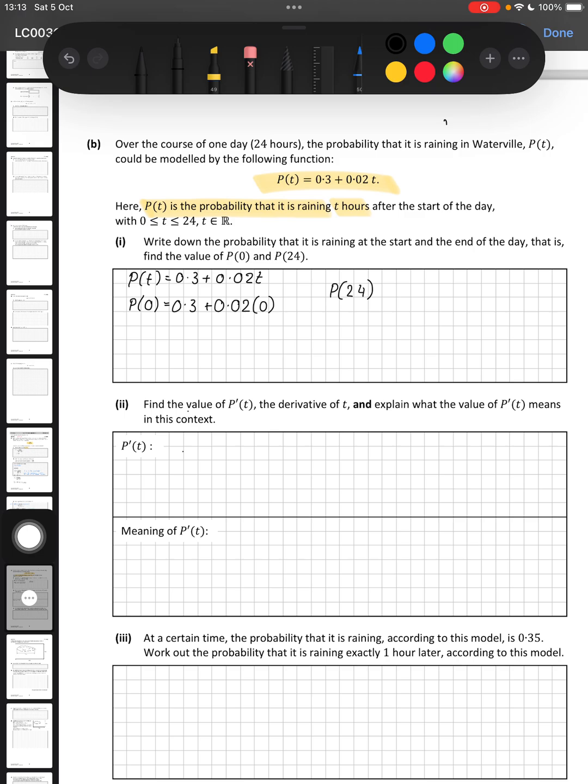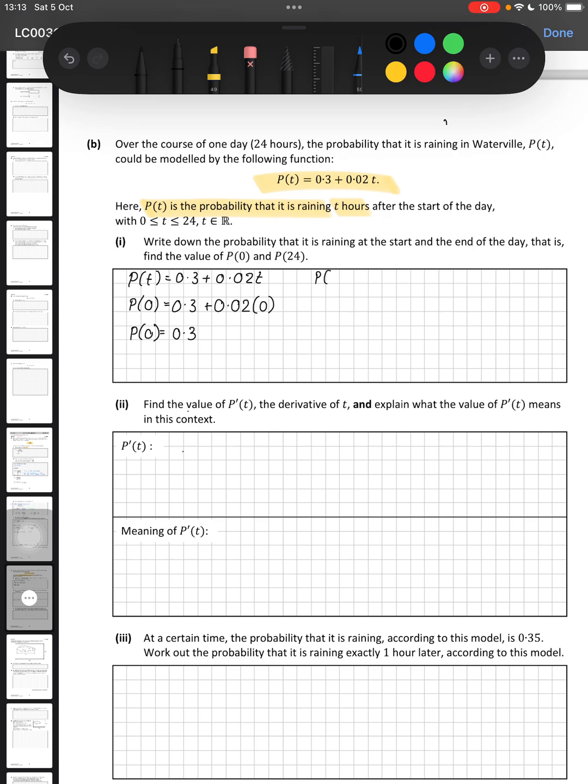I'm subbing it in brackets, and once I've gotten rid of all my variables, I can type the full thing into my calculator. P of 0 is 0.3. Then I'm going to do the same thing for P of 24.